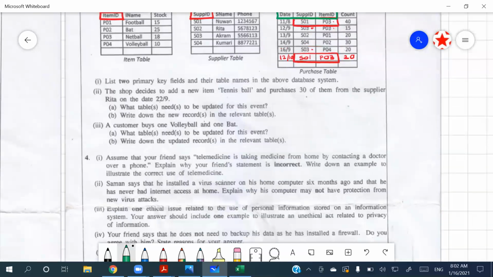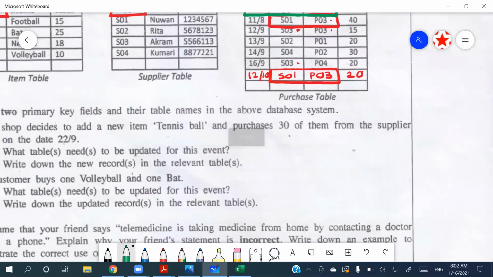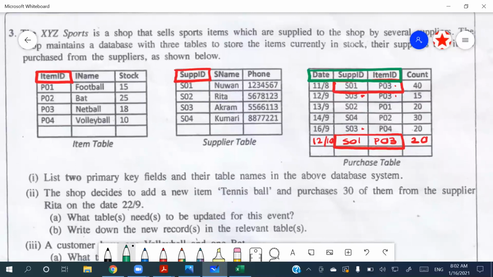Yeah, so we can see Rita is there already in the database, right over here. Right, let me clear these things because it will mix things up for you. And they are going to purchase the tennis balls. So tennis balls are not in the item table. There are footballs, bat, netball, volleyball, right?